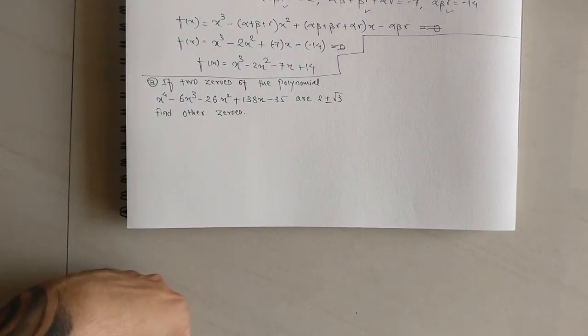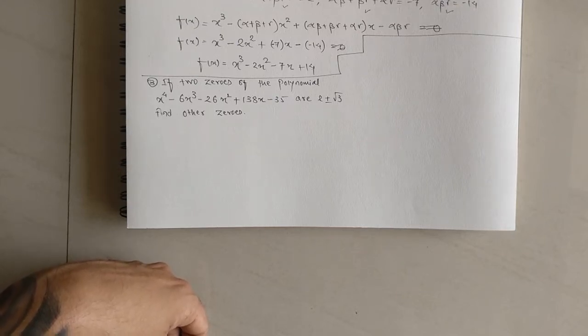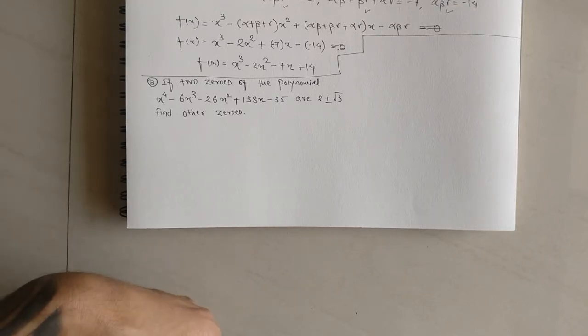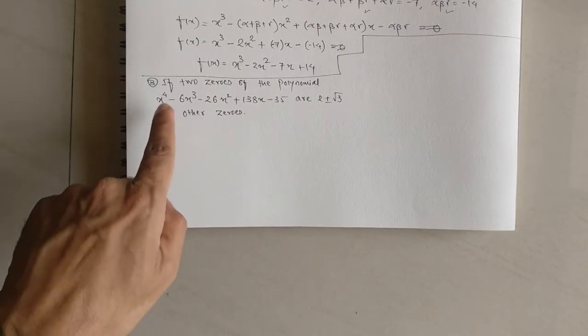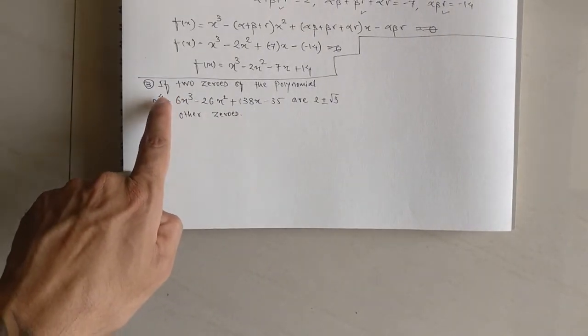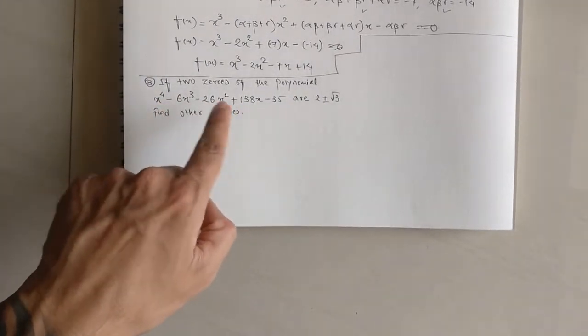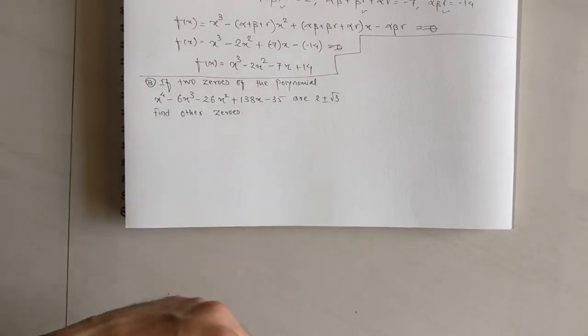So I told you earlier that the relationship between the degree of the polynomial and the number of zeros is that whatever the degree is, you will get exactly the same number of zeros. So if the highest degree is 4, if it is a biquadratic polynomial with degree 4, then that polynomial will have 4 zeros.